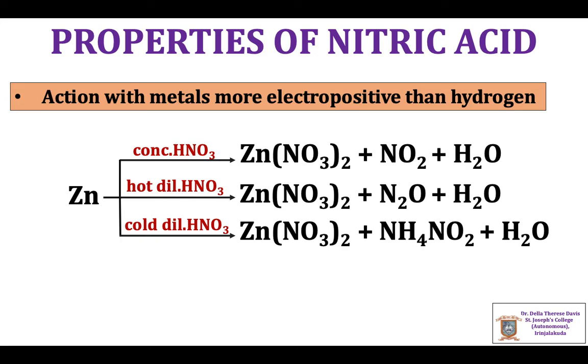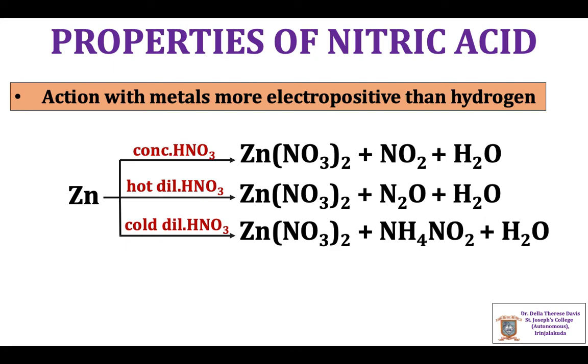If we consider the case of metals which are more electropositive than hydrogen, the product obtained varies with the reaction condition as well as the concentration of nitric acid.